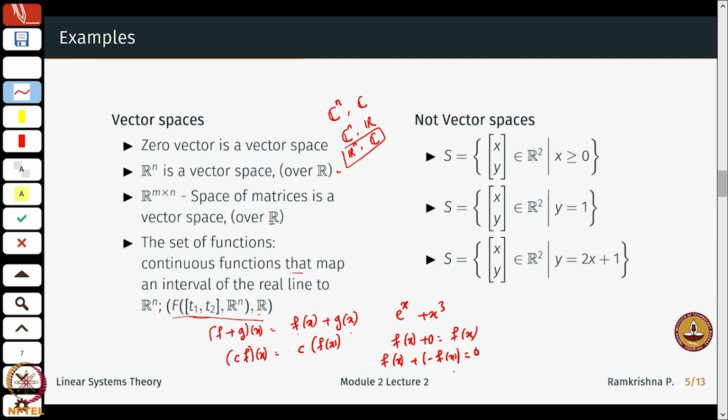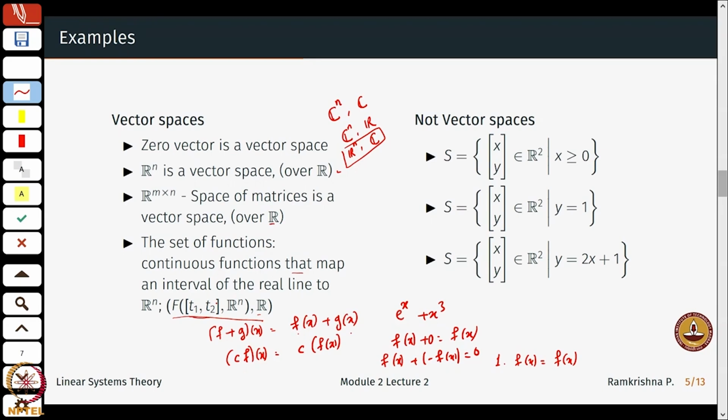And then the number 1 multiplied by f of x will give me the same function back. So, I can write down all the set of rules and verify that the set of functions that map an interval of the real line to Rn actually defines a vector space.